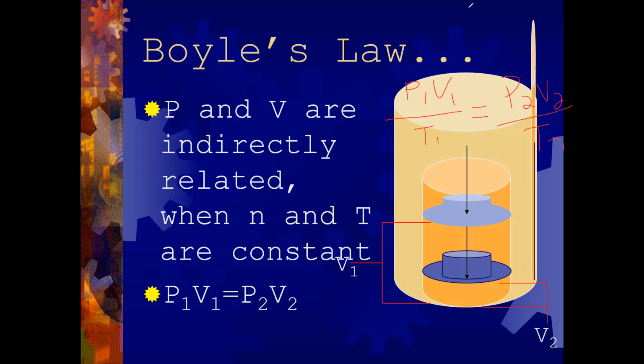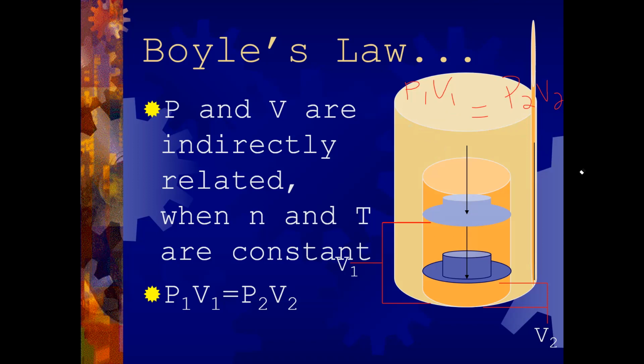Okay, so that is the combined gas law. And in Boyle's, the temperature is what's kept constant. So if you just erase the temperature out of the picture, you see you've got Boyle's law.